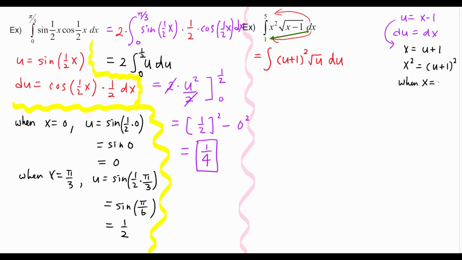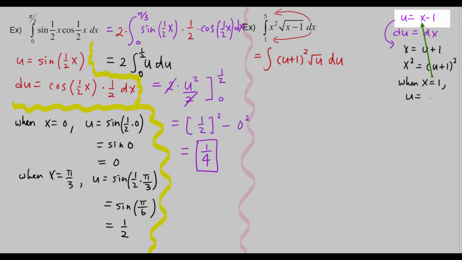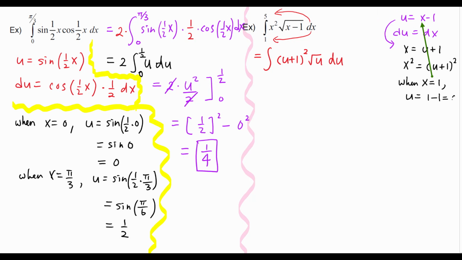You plug in right there. So that will be 1 minus 1, which is 0. So that's our lower limit. And then, what was the upper limit for x? That was 5. So when x equals 5, my u becomes 5 minus 1. You get 4. And that will be my upper limit for u now. So no back substitution. We just do it the way it is now.